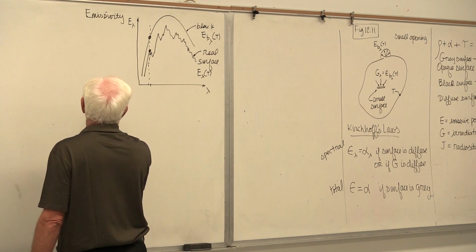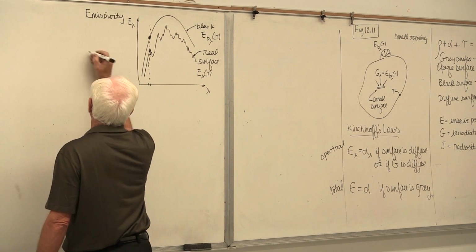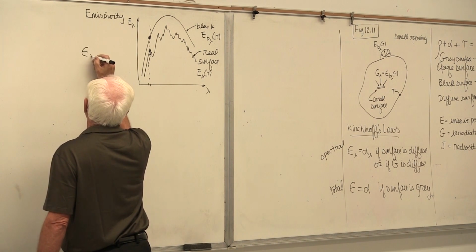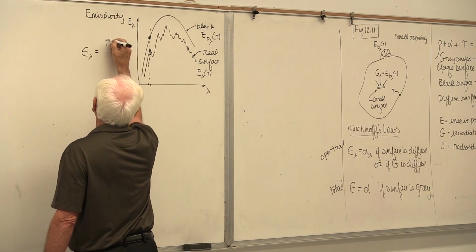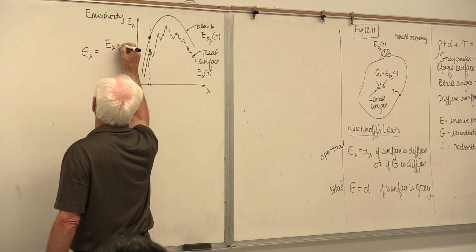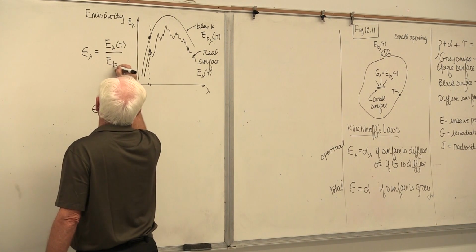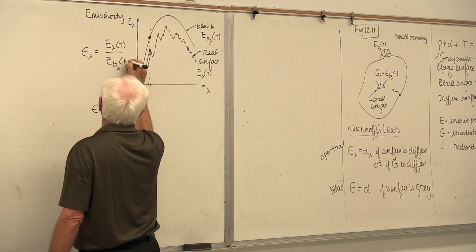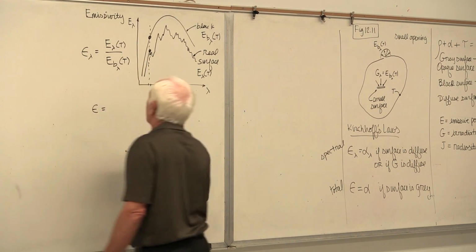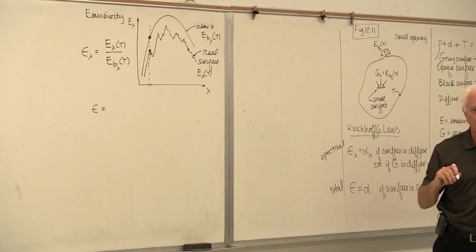So epsilon lambda equals E lambda of T for the real body, divided by the black body spectral emissive power. It's just a ratio of those two points on a vertical line.